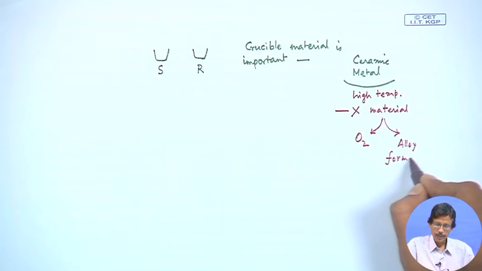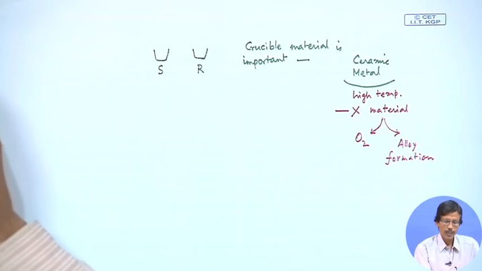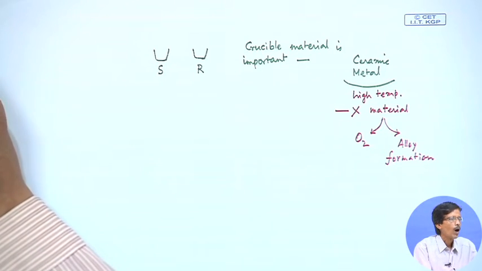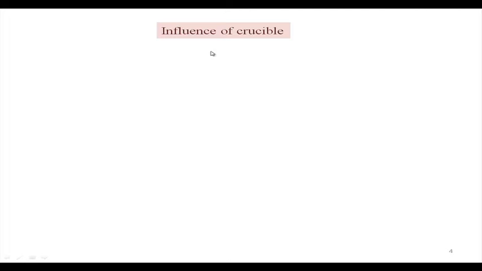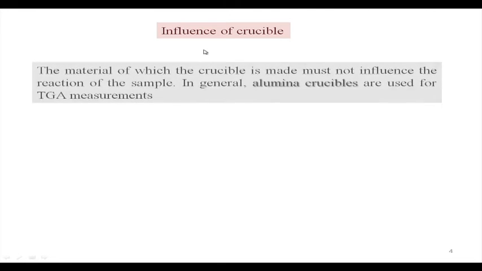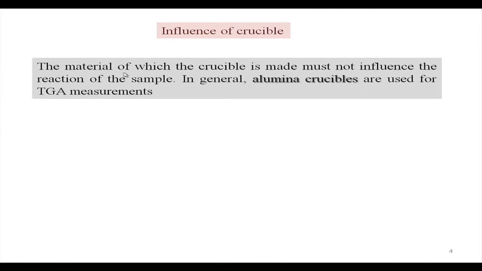All these things we should avoid for the use of this crucible. So, how we can change the nature of this crucible and the choice of those crucibles. What material we are analyzing for your TG or DTG analysis is taken in the crucible, and it should not influence the reaction of the sample. That means, it should not react with the sample material at high temperature.